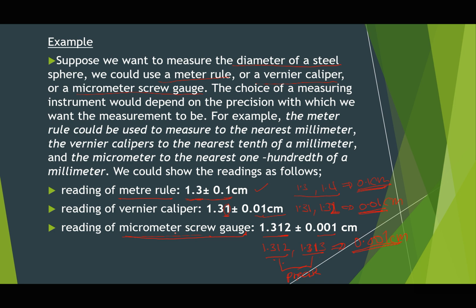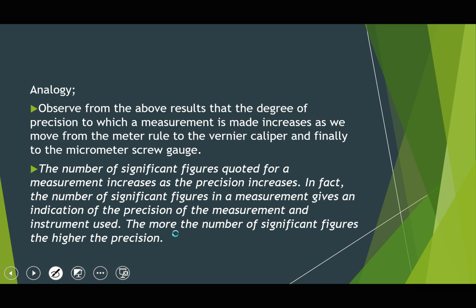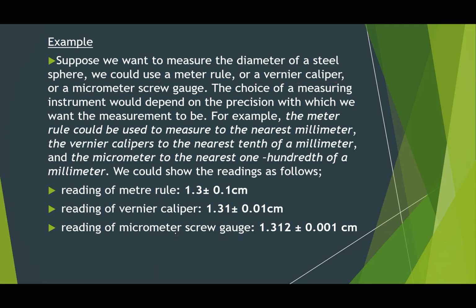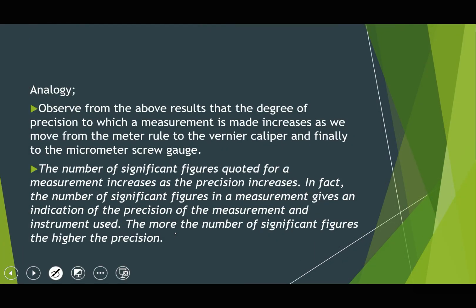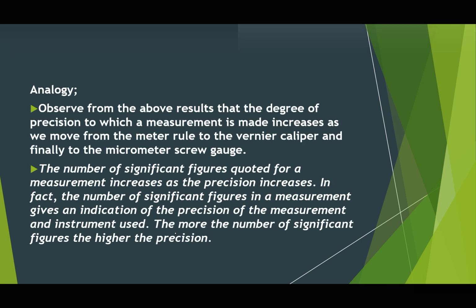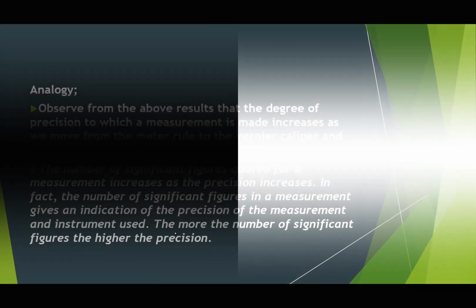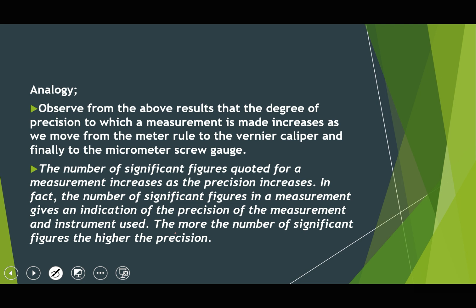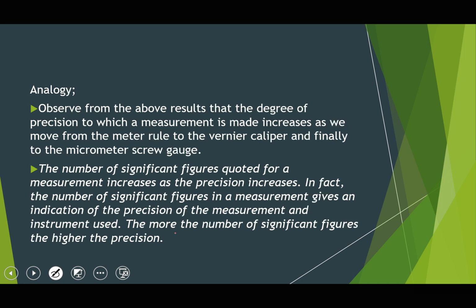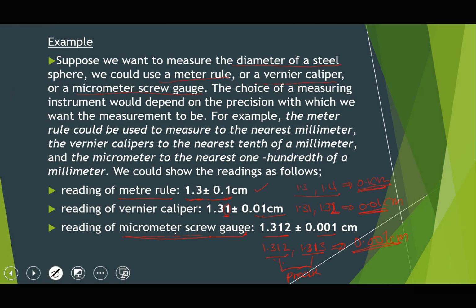But to fully understand precision and accuracy, let's first draw an analogy between precision and accuracy. We have already observed the number of significant figures in the previous illustration, and we have seen that the meter ruler is less precise than the micrometer screw gauge.